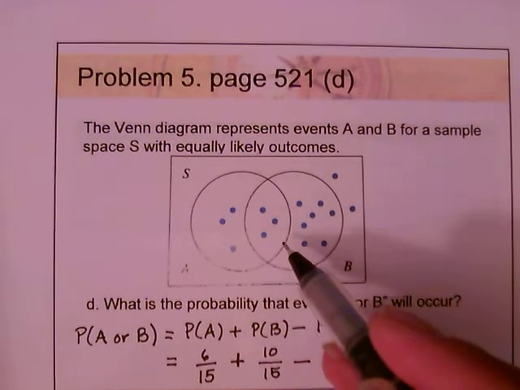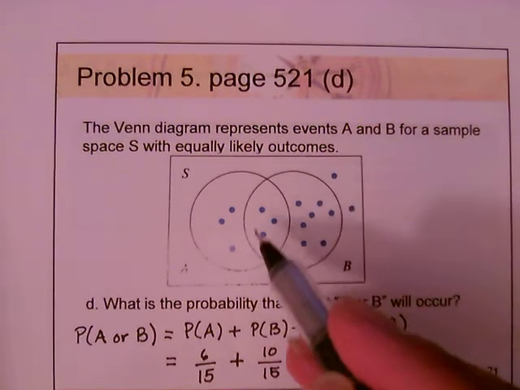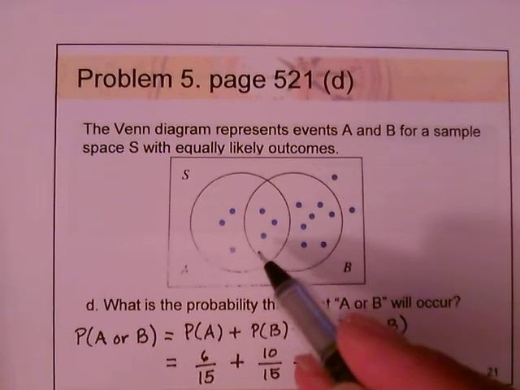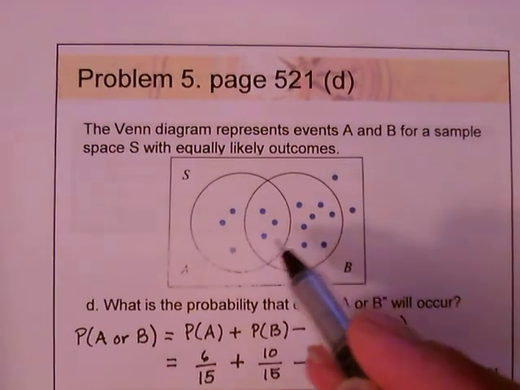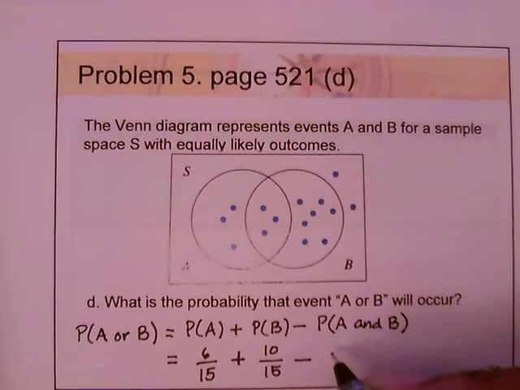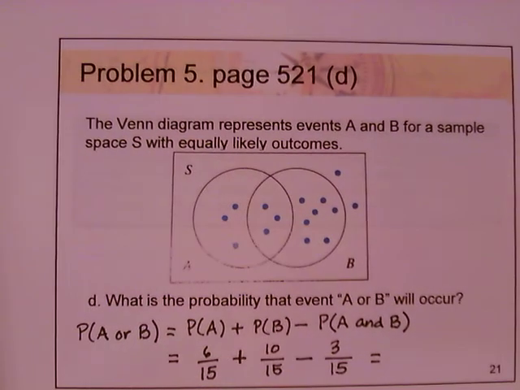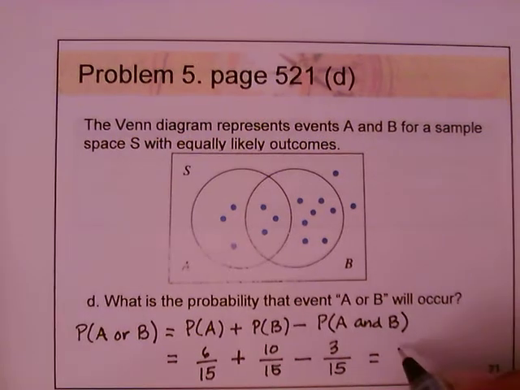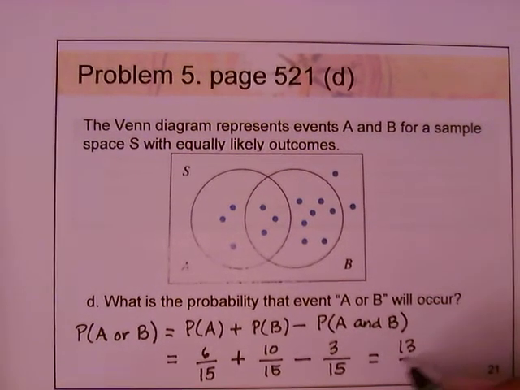That's this intersection right here. Probability of event A and B would be this intersection right here, this football looking thing. It has 3 dots in it. So it's 3 out of the total number of dots, which is 15. And if I add 6 and 10, you'll get 16. 16 minus 3 would be 13 out of 15.